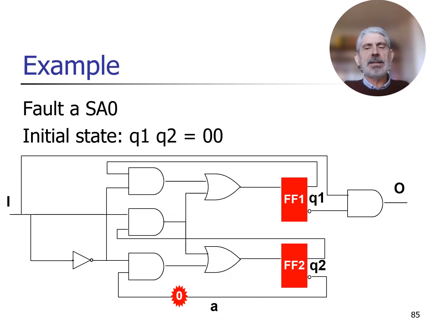Let's assume that the two flip-flops are equipped with a reset signal. So by acting on the reset signal, I can force both of them to 0, which means that I can easily force Q2 negated, the negated value of the output of FF2, to the value 1. In this way I can excite the fault, and this is extremely easy.